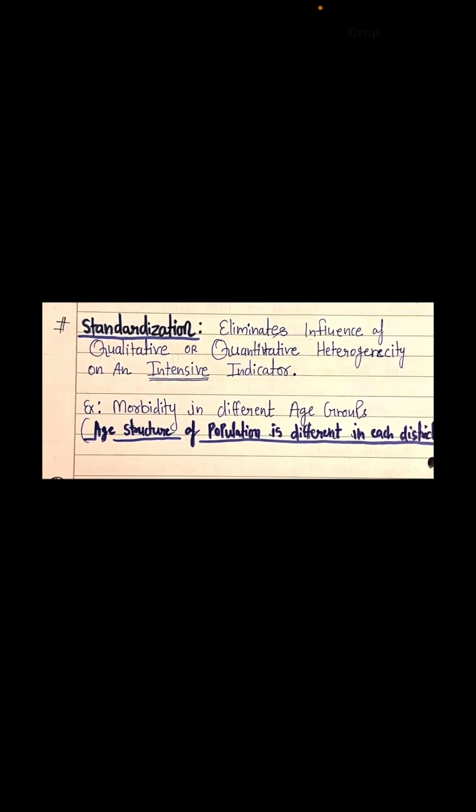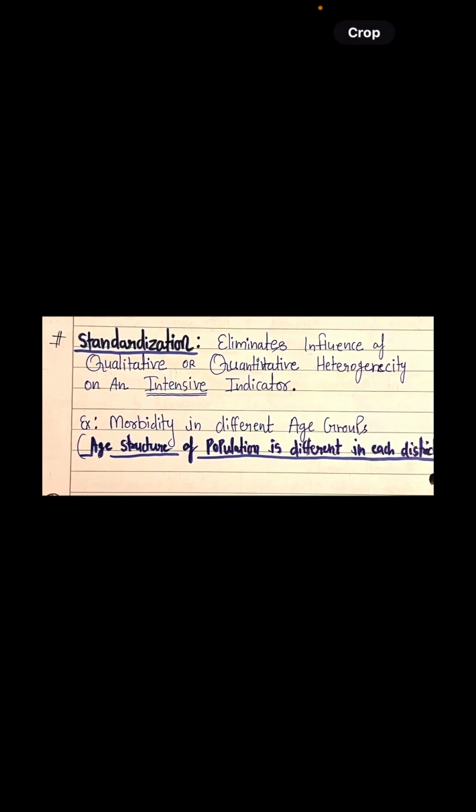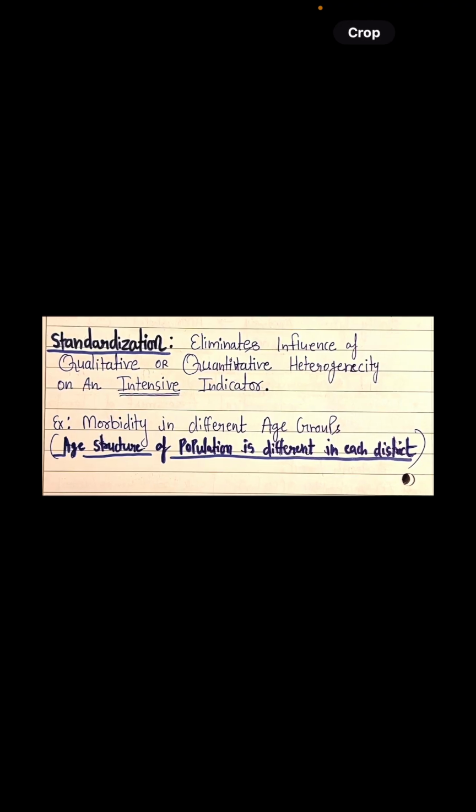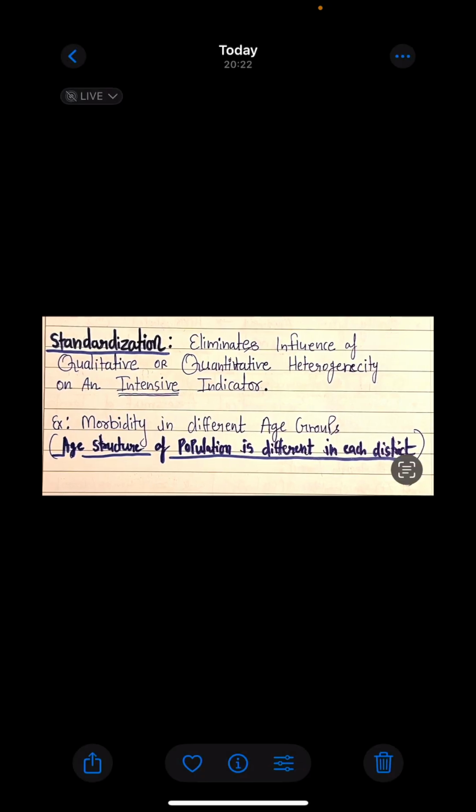So there is, for example, morbidity in different age groups. I have taken this line directly from the KROK question itself. If you cannot understand what standardization is, then just remember that the age structure of the population is different in each district.